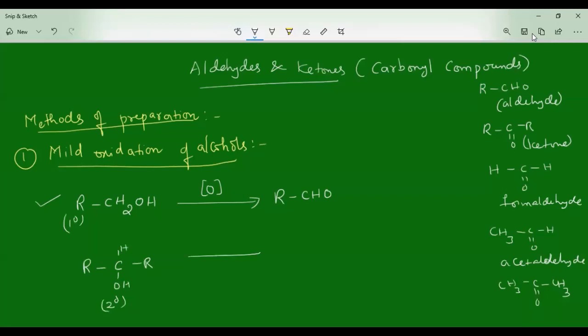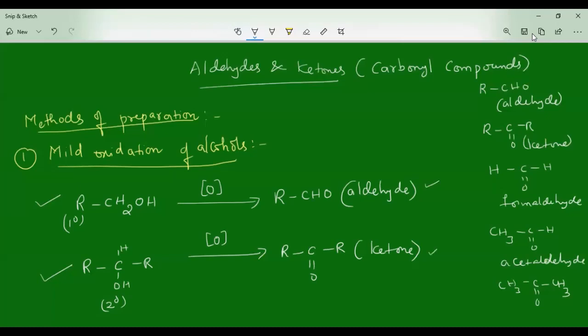Remember, mild oxidation of a primary alcohol gives an aldehyde. Mild oxidation of a secondary alcohol converts it into a ketone, RCOR. So mild oxidation of primary alcohols gives aldehydes and secondary alcohols gives ketones.